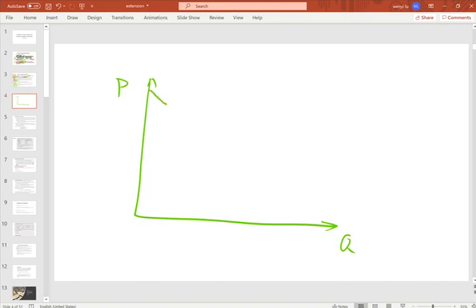So this is our demand curve. And we study a special term in economics called elasticity of demand.